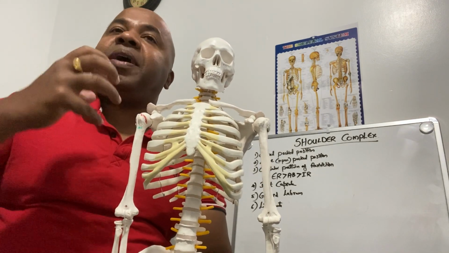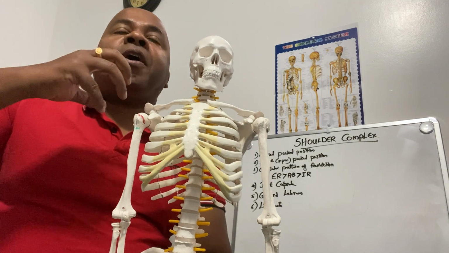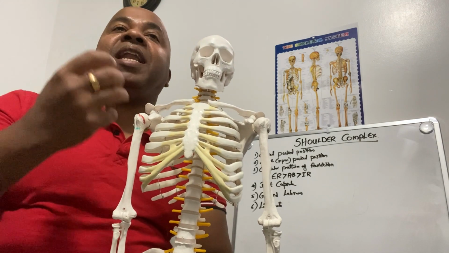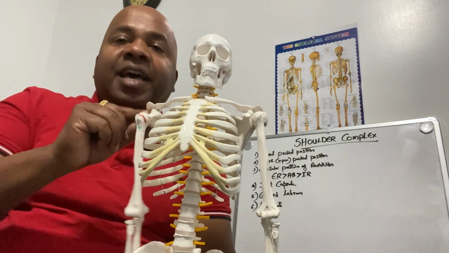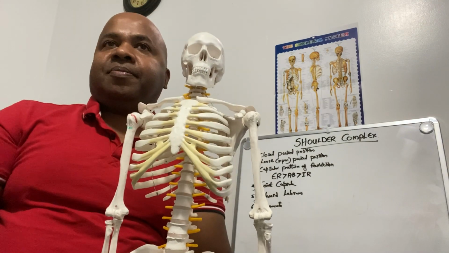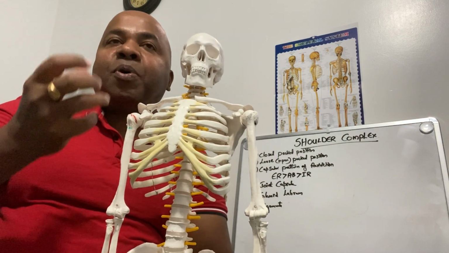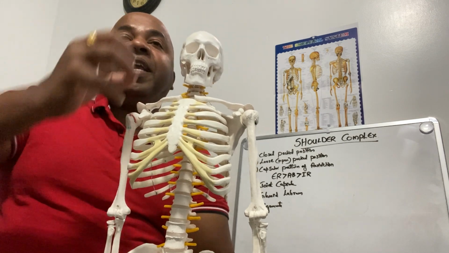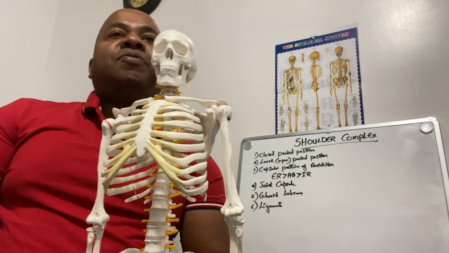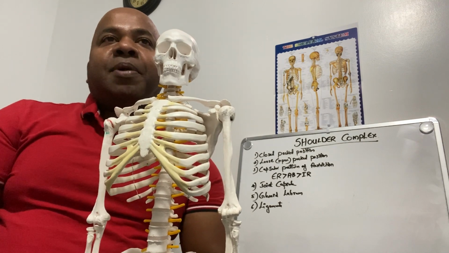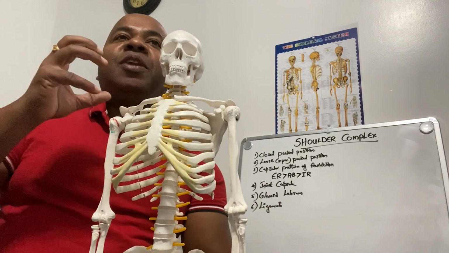The glenoid labrum is a fibrocartilaginous sheath which encloses the entire glenoid fossa. And what is the function of the glenoid labrum?